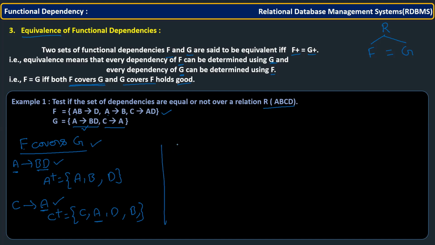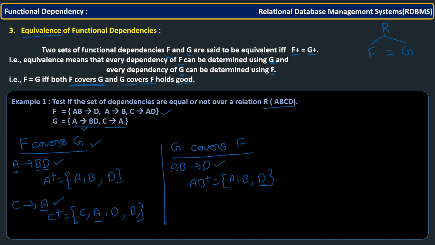In the same way, let us go for G covers F. What does it mean? The FDs of F you must cover in G. Let us take the first one, AB derives D. That means you find AB closure in G. For AB closure, we must get D. Here you can see A deriving BD, B already there, take D. So D we covered by using G's FDs.